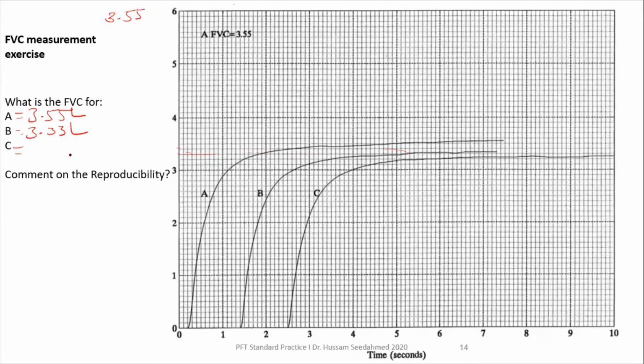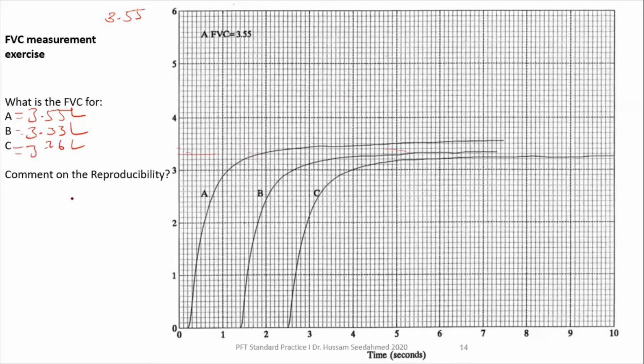So C, this is C. So also we look at the curve where it has reached the plateau. So at this point it is 3.25 or 3.226, say for example. So I hope the idea كده تكون is much clearer. So this is the FVC for curve A, B, C.